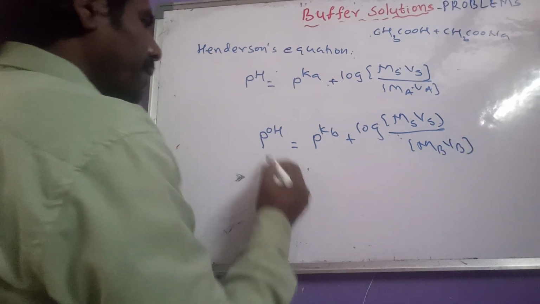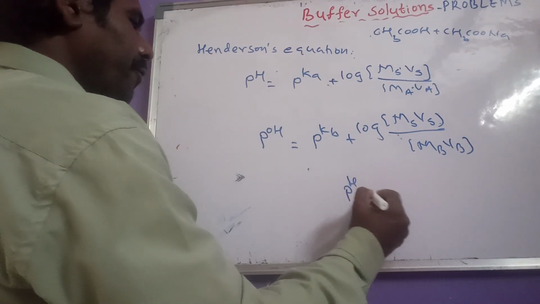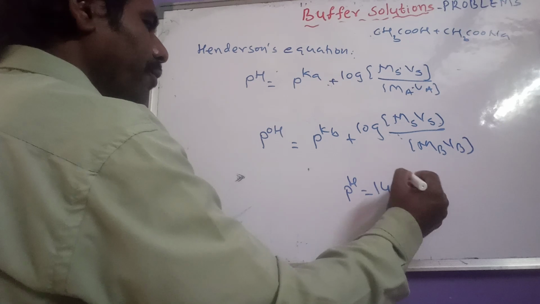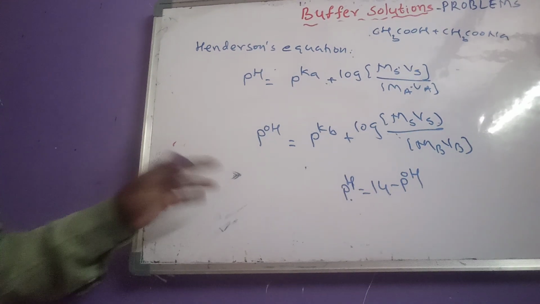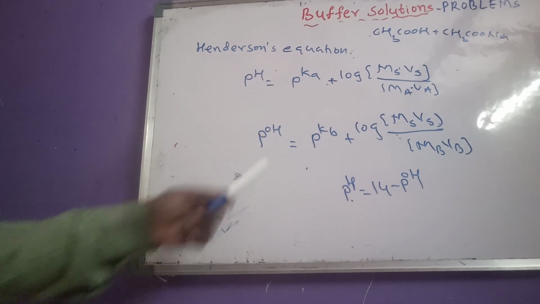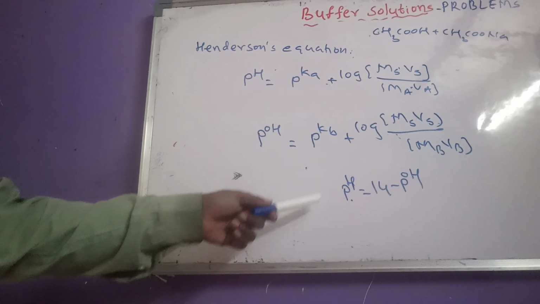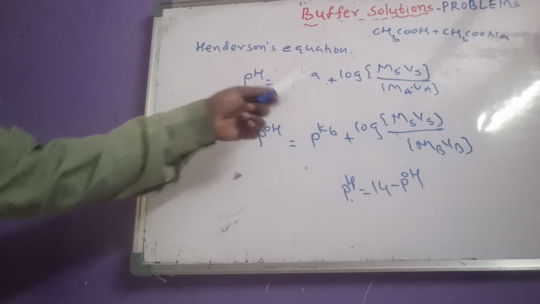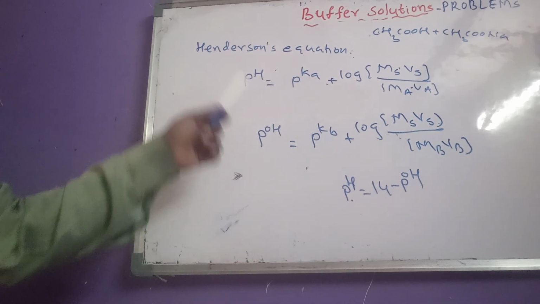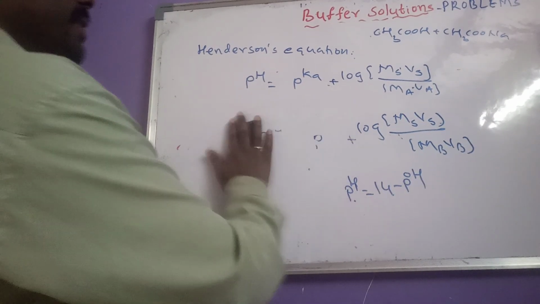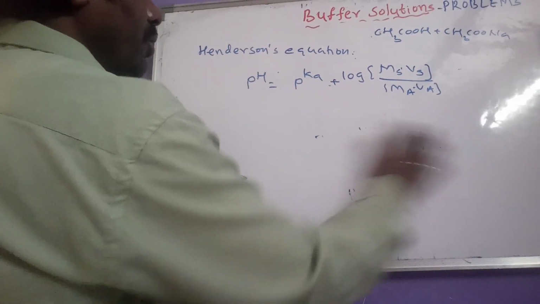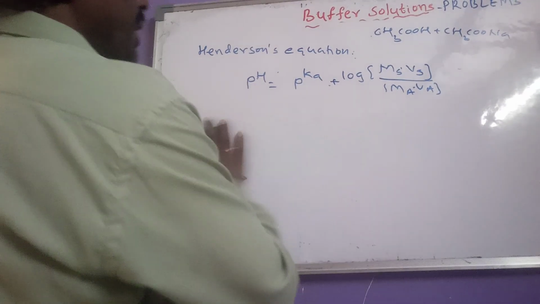After that, by using the 14 minus pOH expression, we determine its pH value. So this is the Henderson equation for a base, and the earlier one is for an acid, to calculate their respective pH values. Now let us see one question related to this pH calculation.